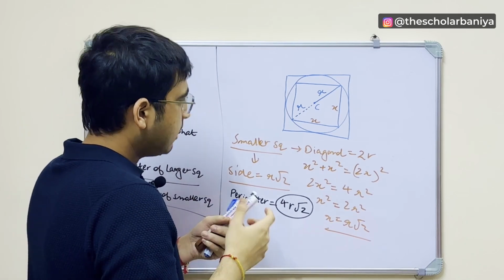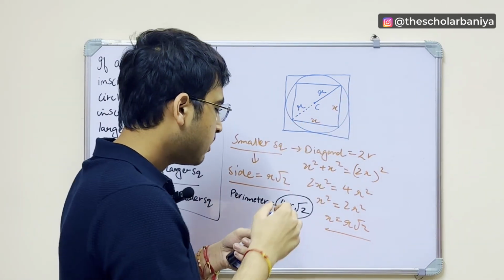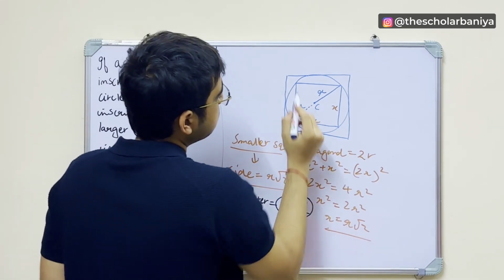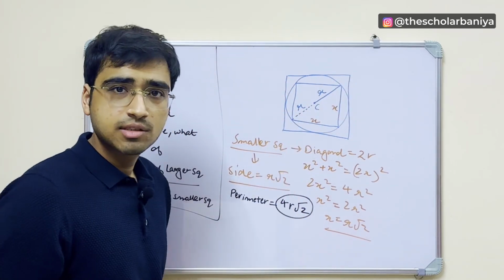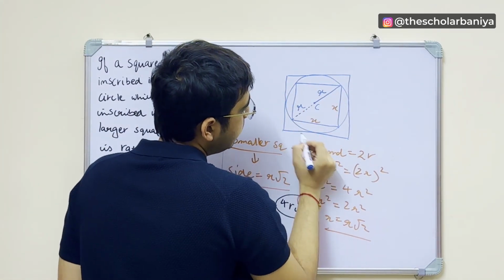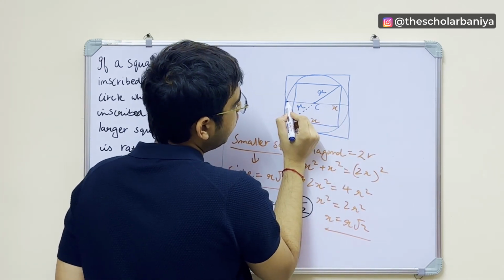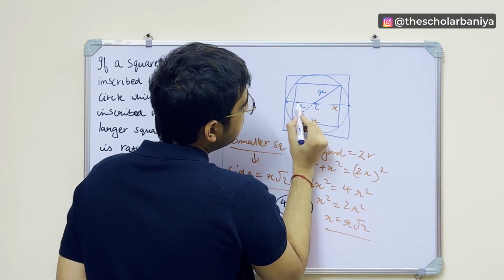Now tell me one thing. What is the side of the larger square? If you talk about the larger square, which is this, what will be the side of this larger square? If this is a circle, obviously this will be the radius starting from here till here, which is passing through the center.